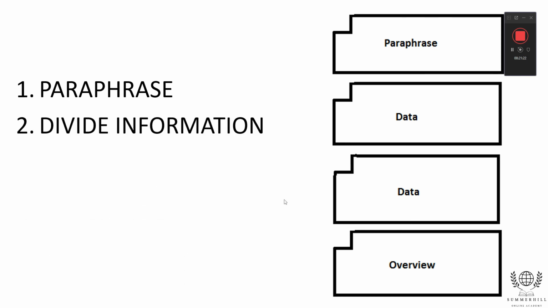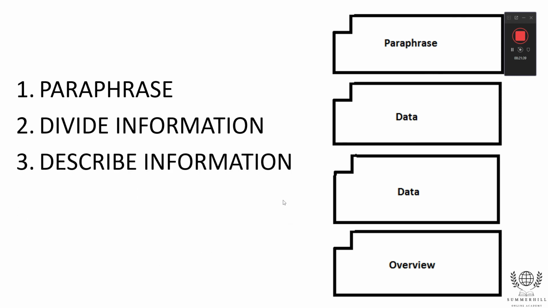Step 2, divide the information. This is a mental task. This is a task that will allow you to plan how you're going to describe your information, but it will also give you insights about what the data is all about and what the data describes. Finally, describe the information. Make sure to use the correct tense and only to describe things you can see.